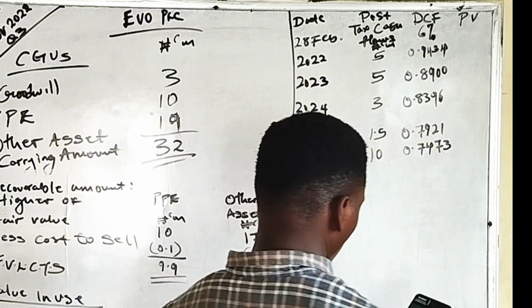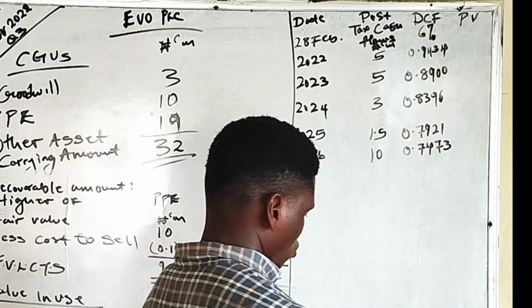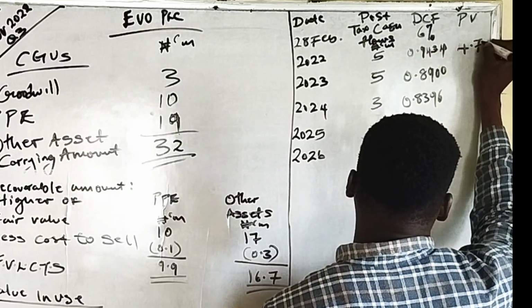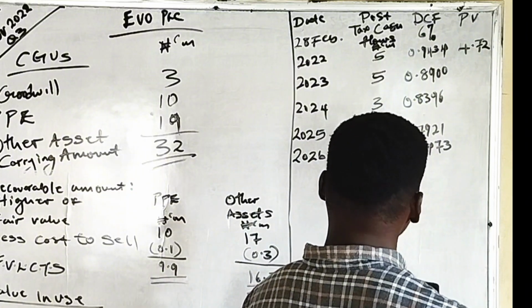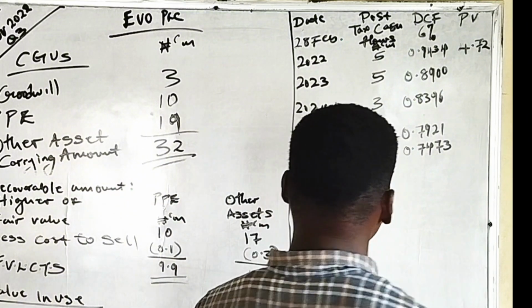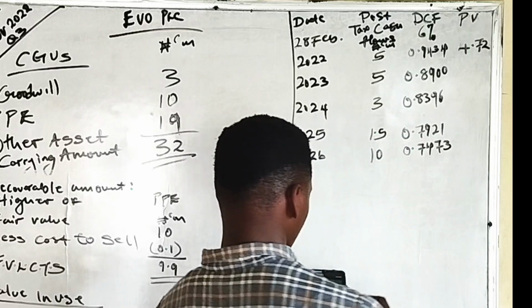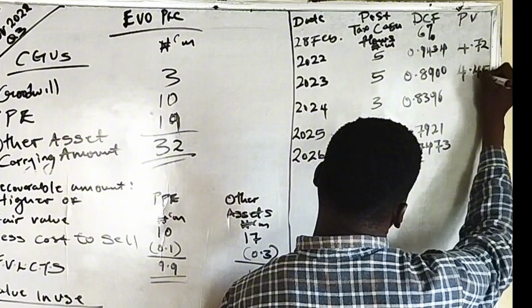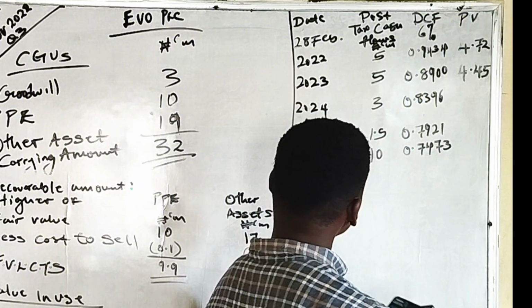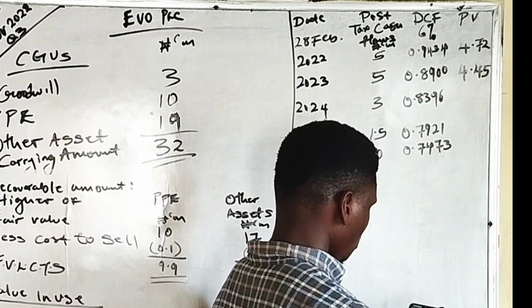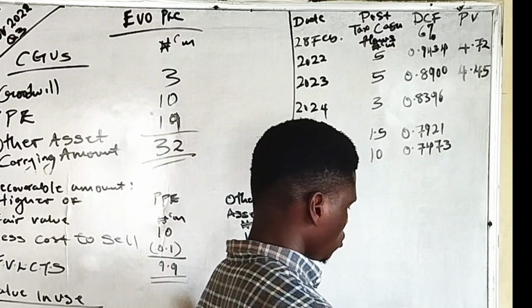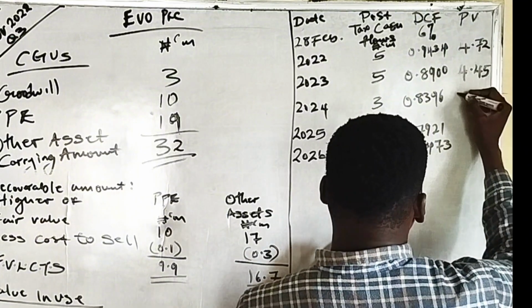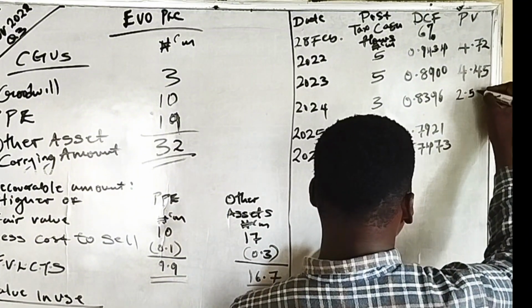So 5 multiplied by 0.9434 will give us 4.72, approximately 4.72 million. So 5 also multiplied by 0.8900, 4.45. We also have 3 times 0.8396, which is 2.52.